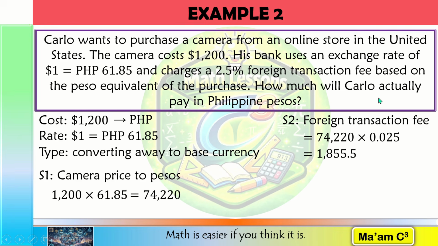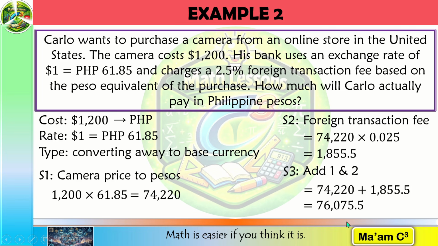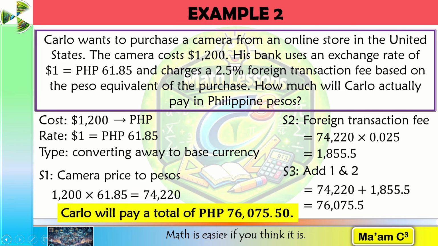To determine how much Carla actually pays in Philippine pesos, we're going to add our answers in step 1 and step 2. So 74,220 plus 1,855.5 is equal to 76,075.5. Therefore, based on the given exchange rate and fee, Carla will actually pay 76,075 pesos and 50 centavos.